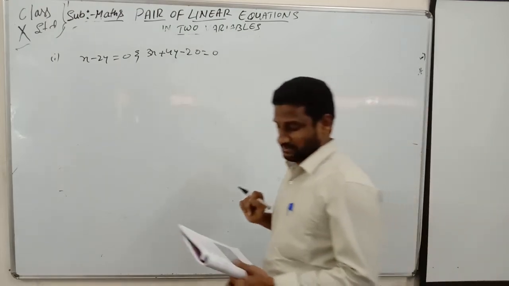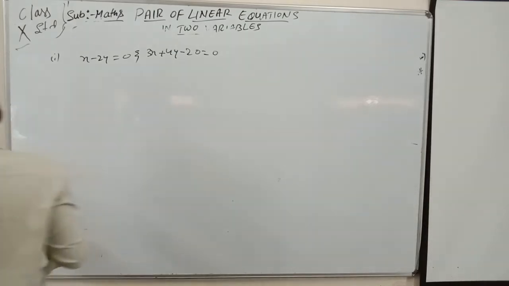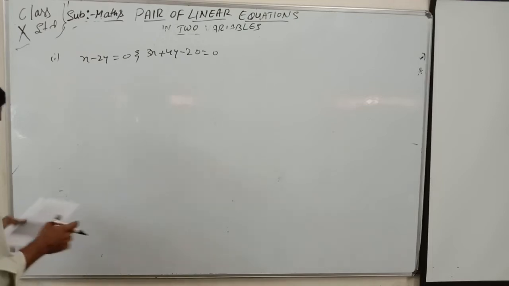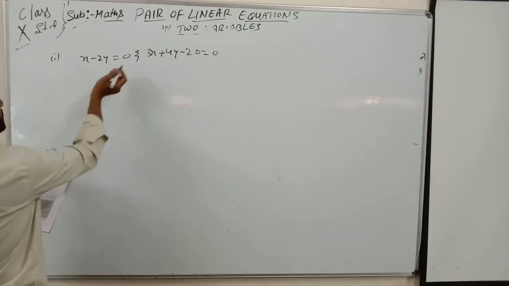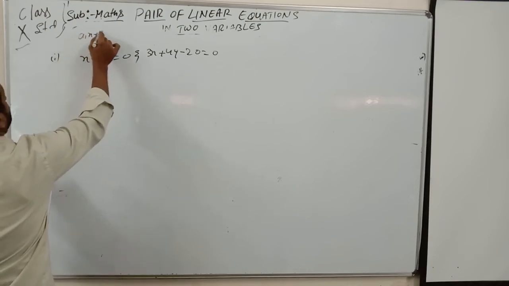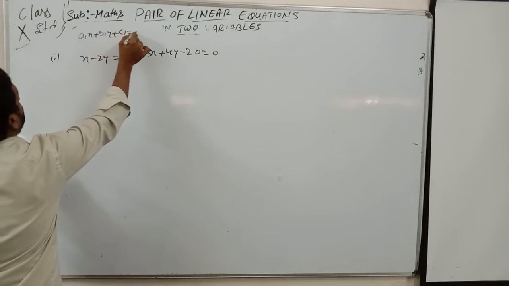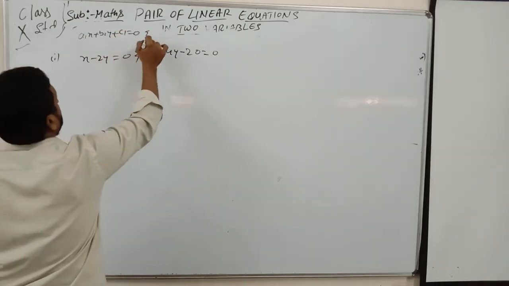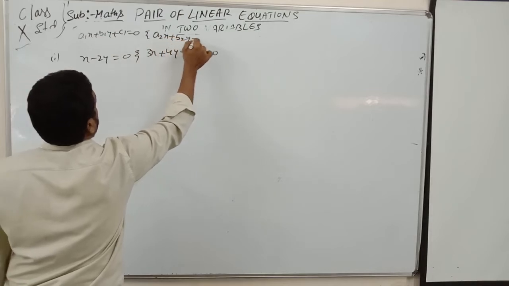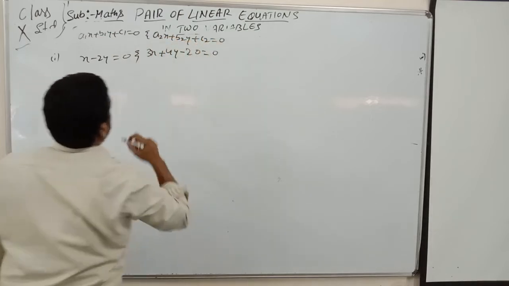We should take some ratios. By taking the ratios, we can say whether the lines are intersecting or not. We know the standard form: a1x plus b1y plus c1 is equal to 0, and the second equation a2x plus b2y plus c2 is equal to 0.